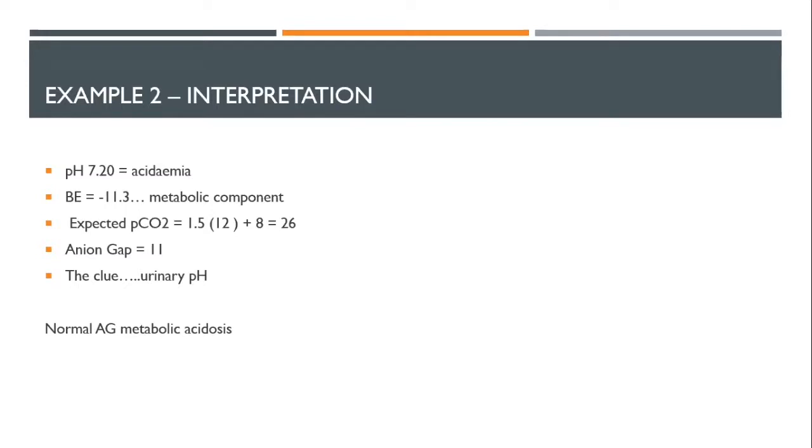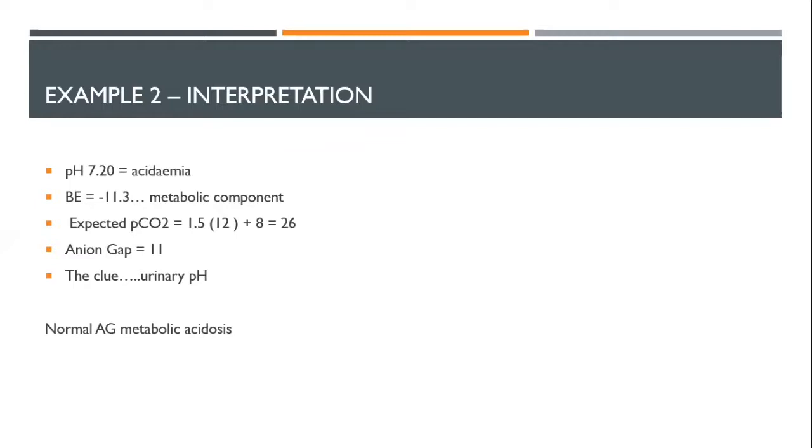So as in the first example, where the clue that was given was the osmolality, if someone gives you a urinary pH, you've got to start thinking about renal tubular acidosis. Okay, so in renal tubular acidosis, you have an inability to acidify the urine even in the face of an acidemia. So it can be either due to the inability to excrete hydrogen ions or to reabsorb your bicarbonate.